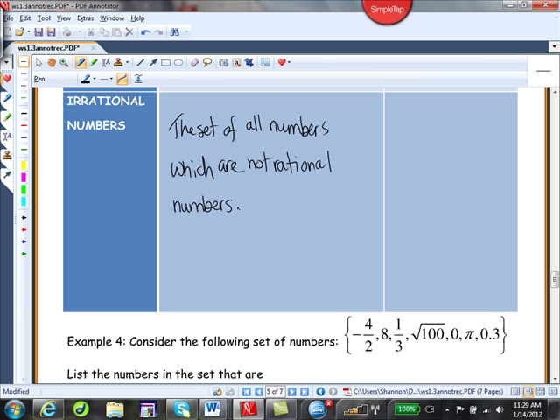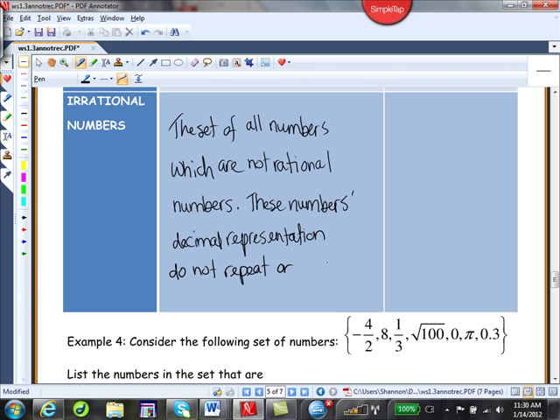These numbers' decimal representation, it would be singular, decimal representation, does not repeat or terminate.